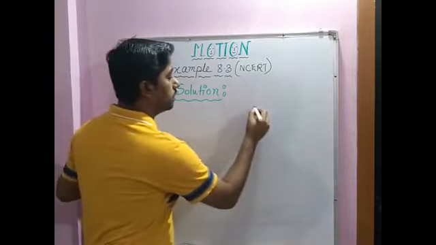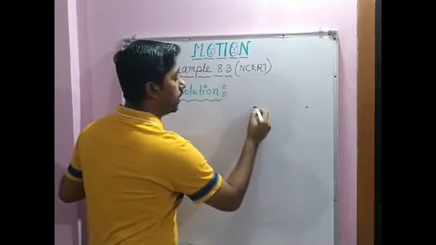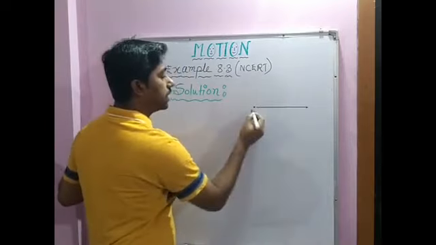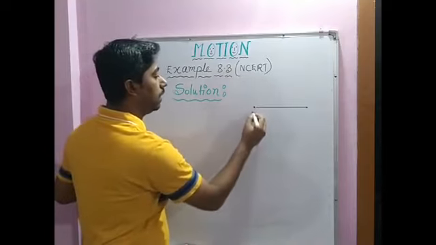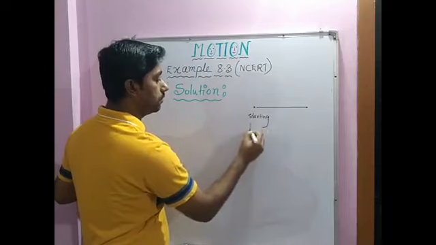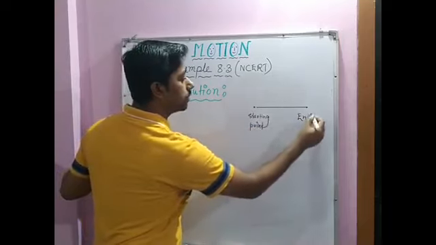Now let me suppose Usha starts from here. This is the starting point, this is the ending point of the pool. Okay, this is starting point and this is your ending point.